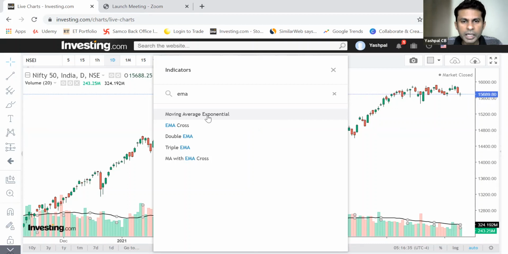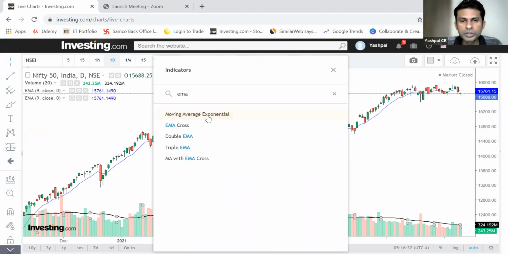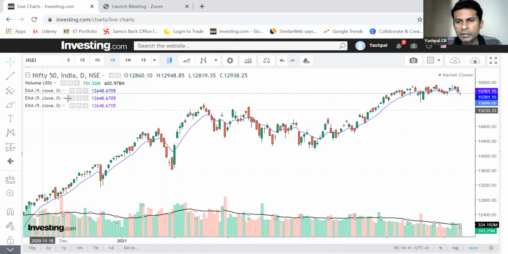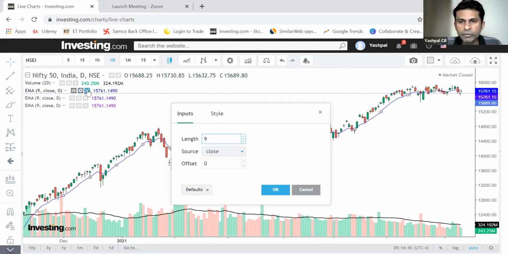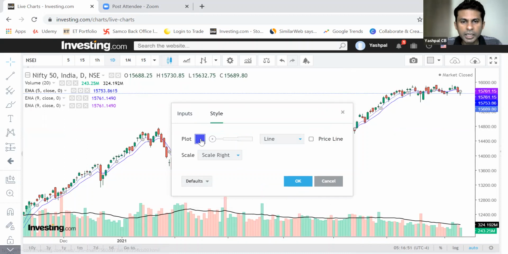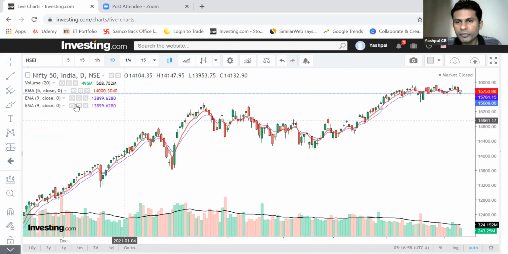I'm going to add it, click 1, 2, 3. Three times I have added this. Now I will go to the first EMA, click on format. I will change this to a 5 period EMA. Color, I will make it red and increase the thickness.